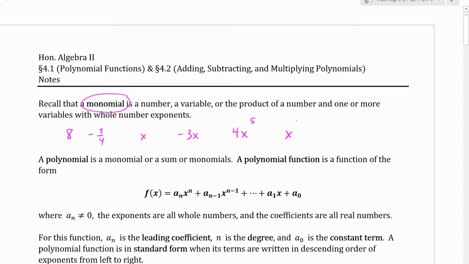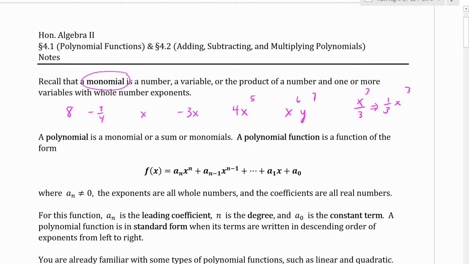You could do x to the 6th, y to the 7th. You could do x cubed over 3 because that's the same thing as 1/3 x cubed. All of these are monomials. They have to have whole number exponents on the variables, and you have to have a real number out front.